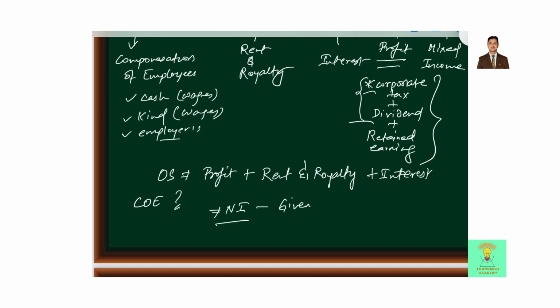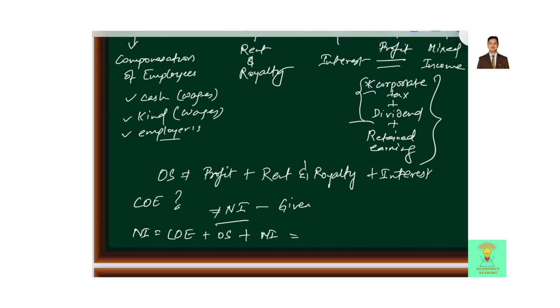Then we have to equate with compensation of employees plus operating surplus, that is profit, rent and royalty plus interest, all this included, plus mixed income, right? So we get NDPFC from it. Now, from NDPFC, if you remember in the previous classes, I have taught you how to get the national income.